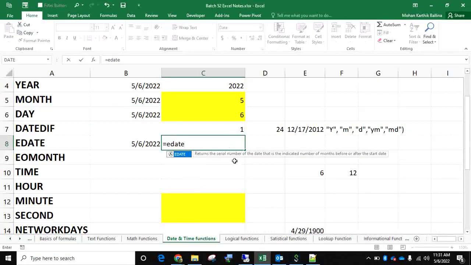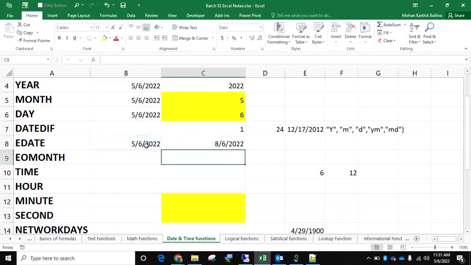See, it returns a date which indicated number of months before or after from the start date. For example, I have started the work yesterday or today and it will take 3 months. What is your estimated date? So I will be completing this by August 6th. అర్థమైందండి? 3 months.